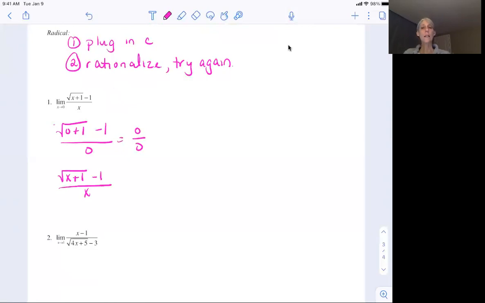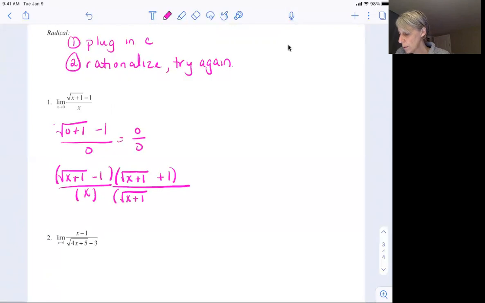And we're going to think back to the beginning of the year when we rationalized functions. Our radical sign is in the numerator, so we want to multiply the top and the bottom by the conjugate, square root of x plus 1 plus 1.